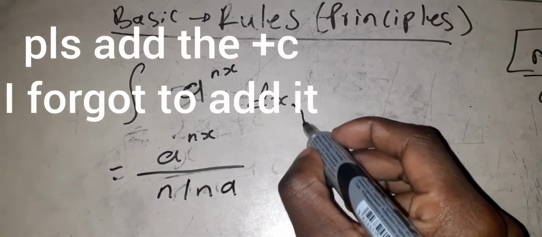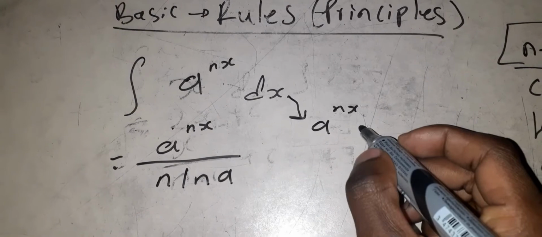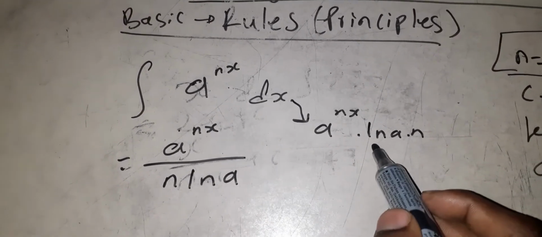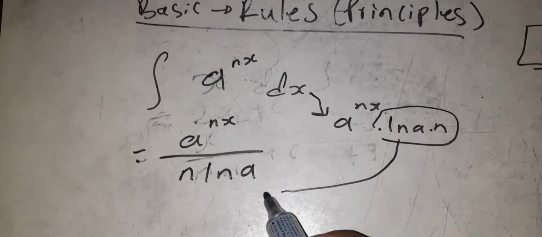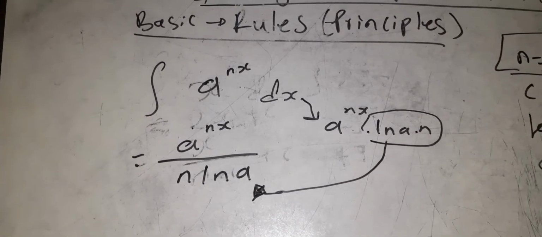But remember that in differentiation, we will write it as a to the nx, then we will multiply by ln of a, then multiply by the derivative. But here we just take the whole thing, then we just divide. So in integration, we are dealing with dividing.